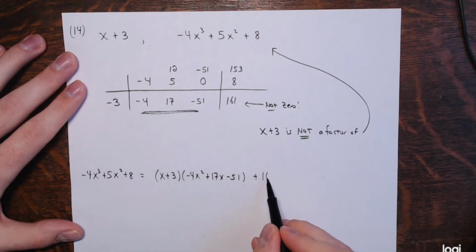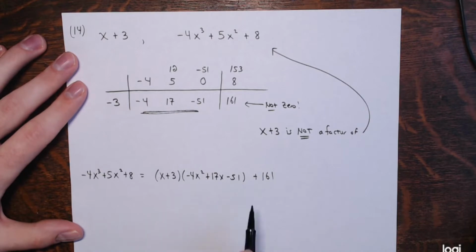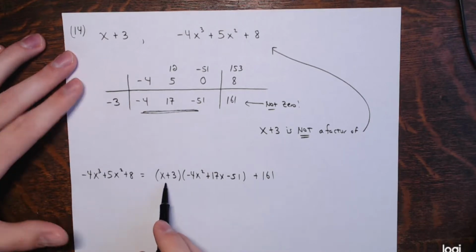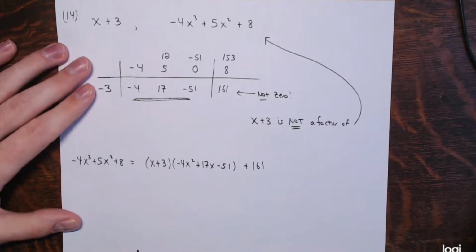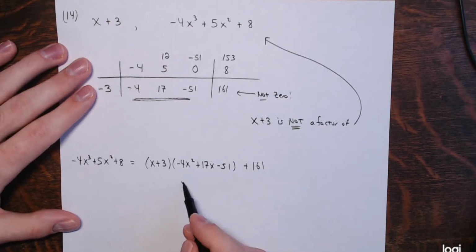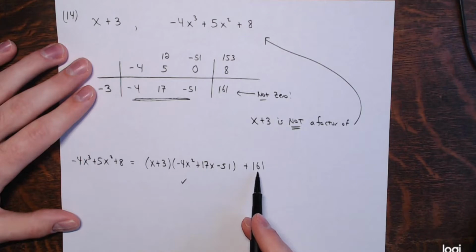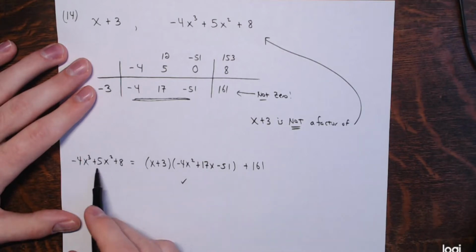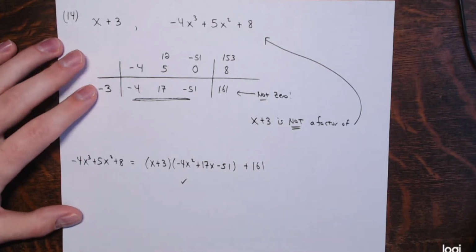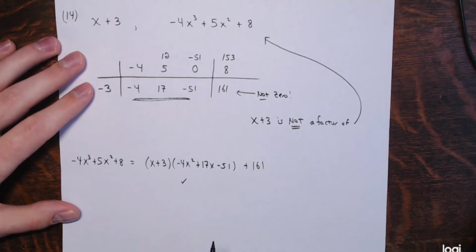And that throws everything off. That makes you know that x plus 3 is not a factor of that cubic polynomial. And once again, you can double check, multiply these two out and then add 161, and you should get negative 4x cubed plus 5x squared plus 8 back. All right, but no, the answer is no.